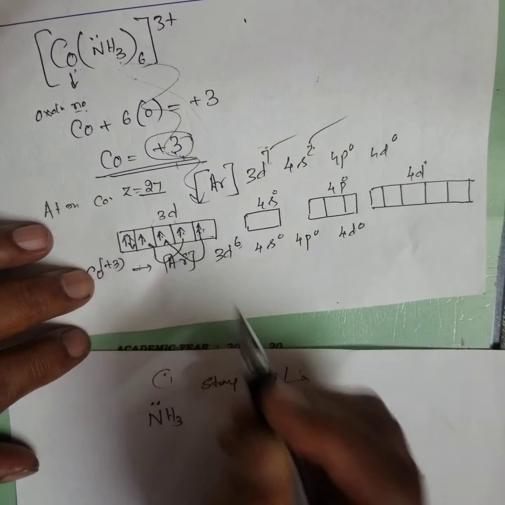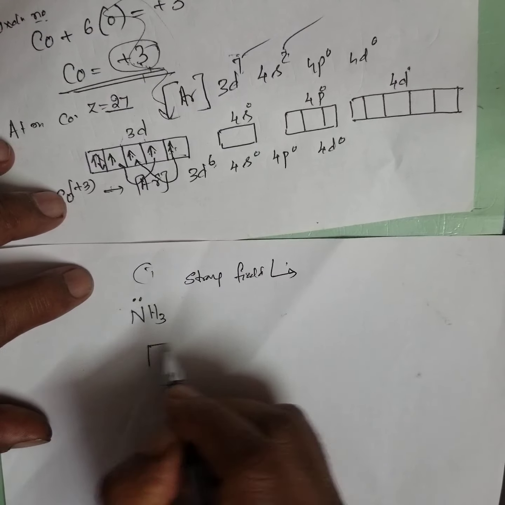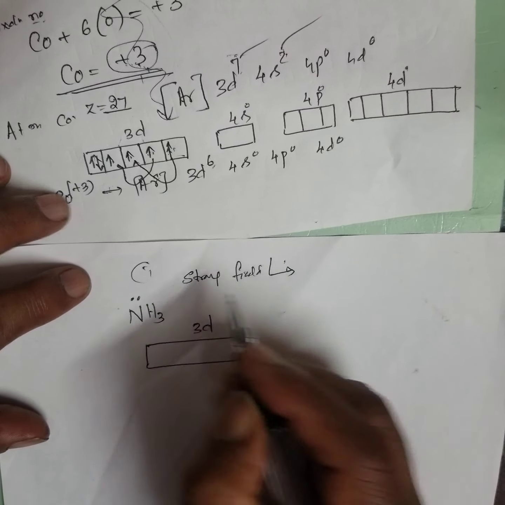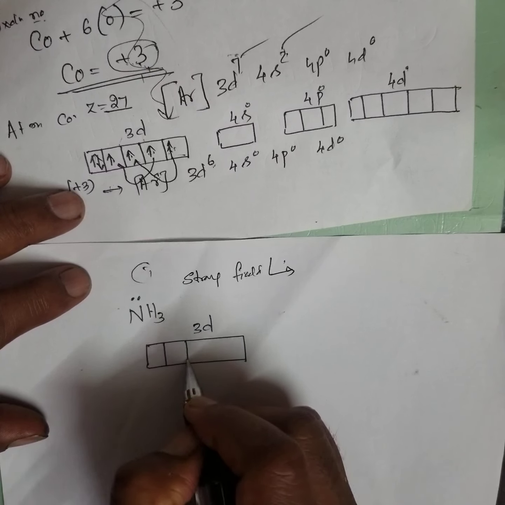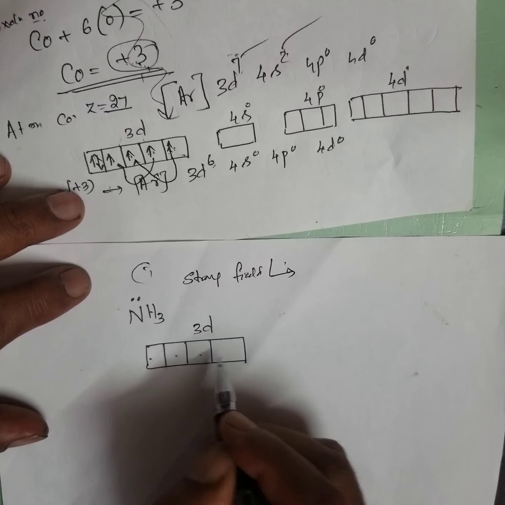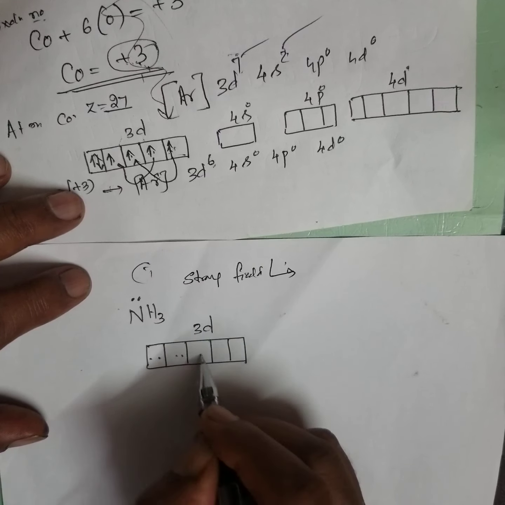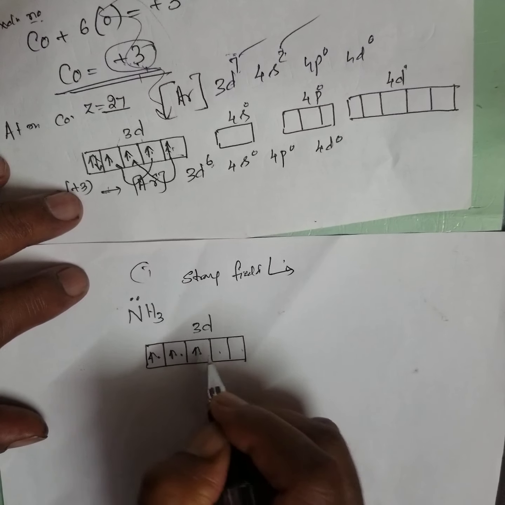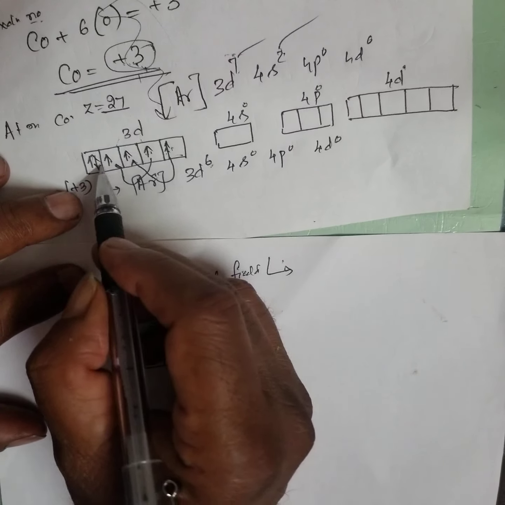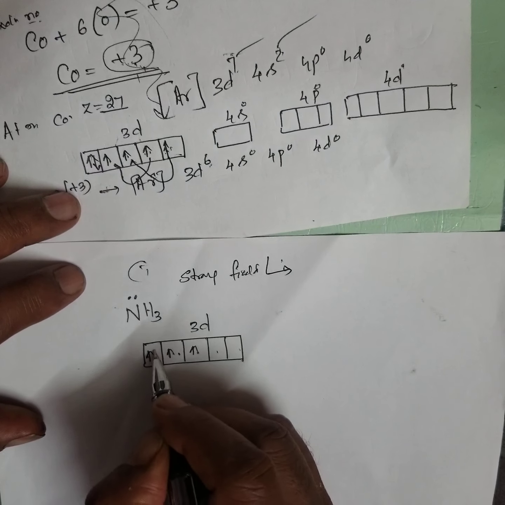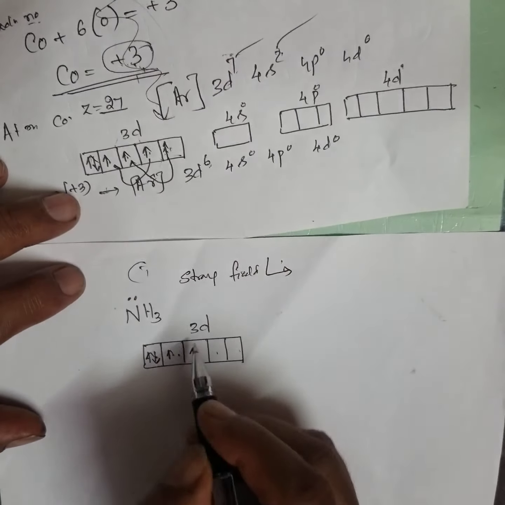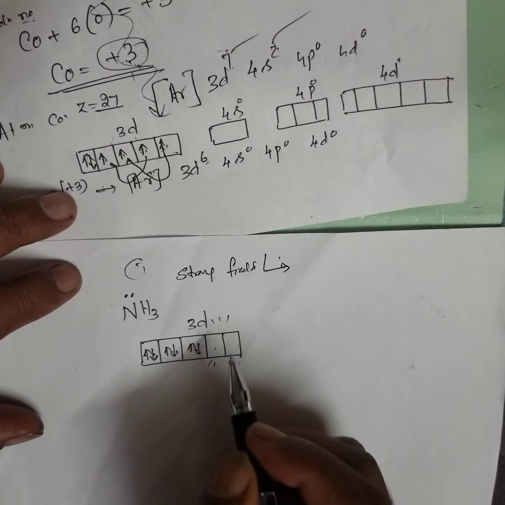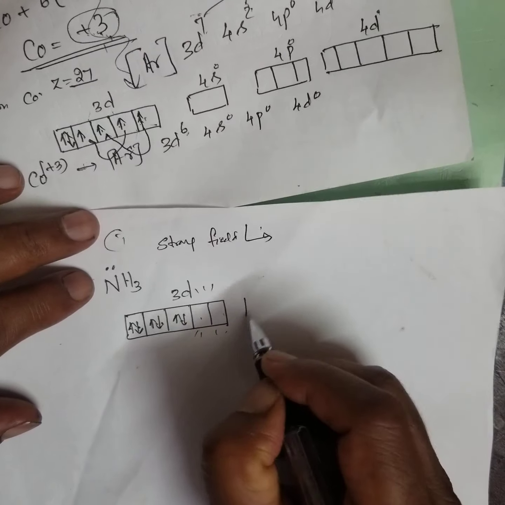I'll write what will happen. This is 3d. Here already these 2 electrons are paired up, no? Now this place is vacant.